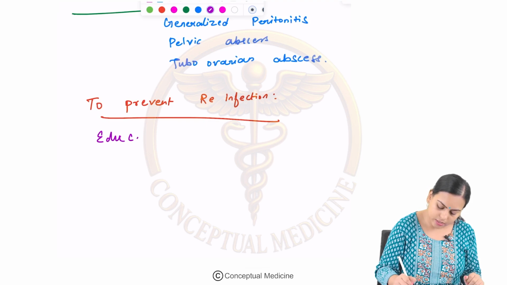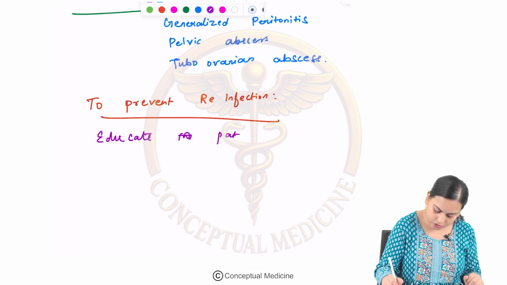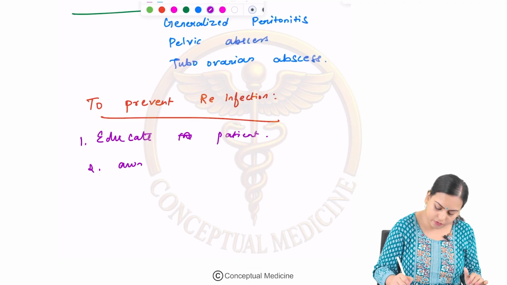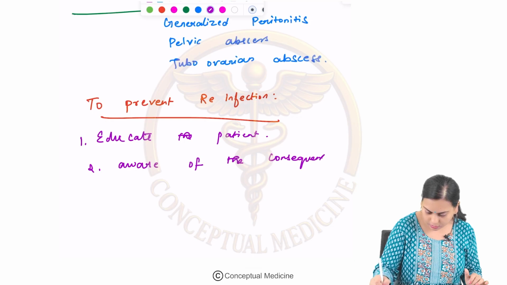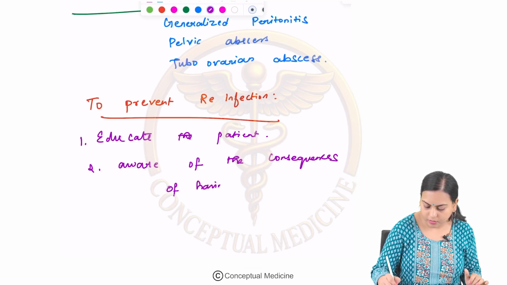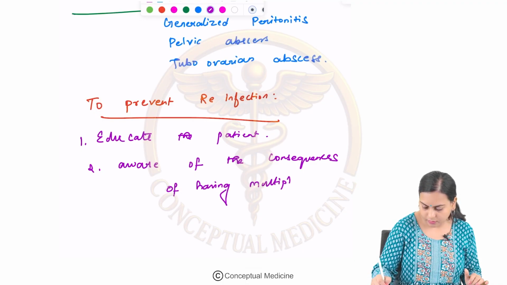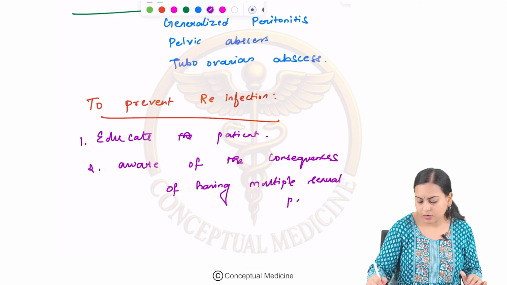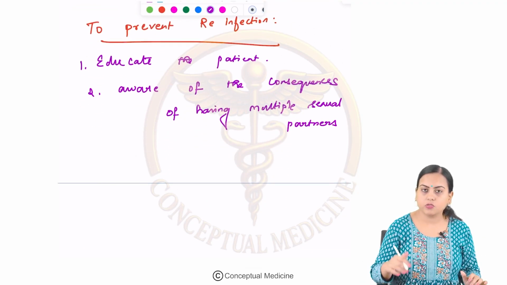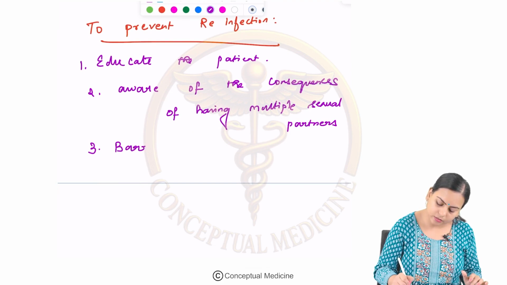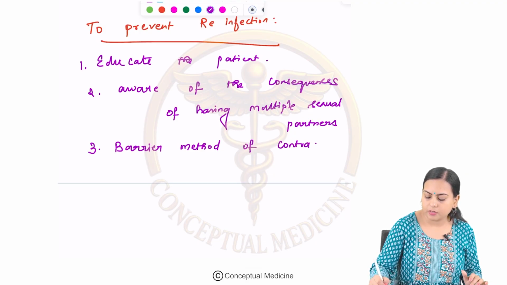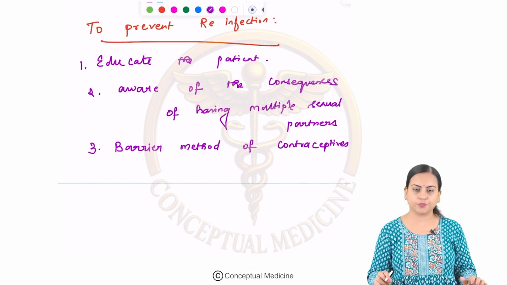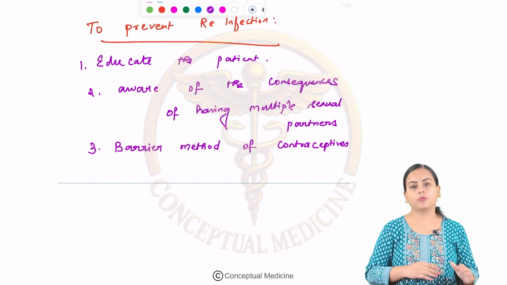Okay, you have to educate the patient first, then they should be aware of the consequences of having multiple sexual partners and the use of barrier method of contraceptives should be encouraged. Clear? So, this is all about pelvic inflammatory disease.